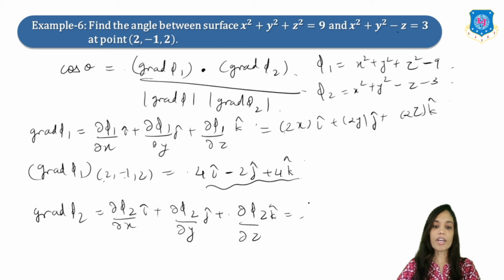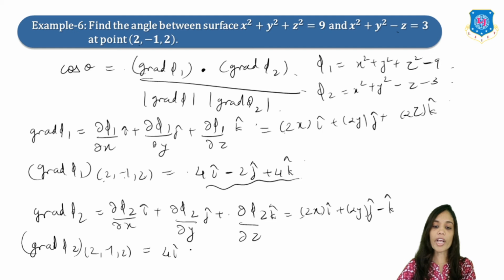So the derivative answer will be 2x i cap plus 2y j cap minus k cap, because derivative of this will be minus 1. Now let us put the point 2, minus 1, 2. So the gradient of phi 2 at this point will be 4 i cap, if I put minus 1 in this, minus 2 j cap minus k cap. So this is our next answer.